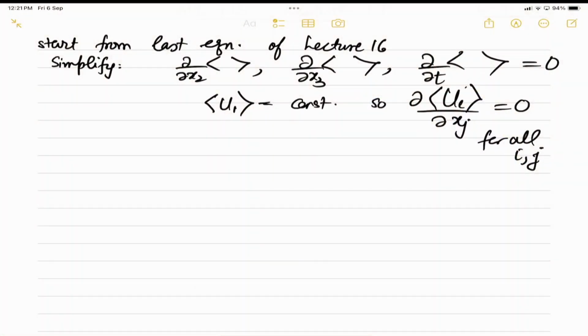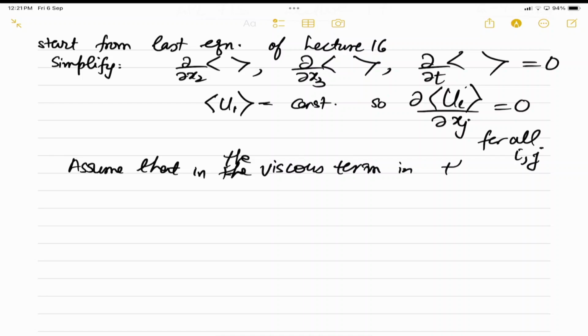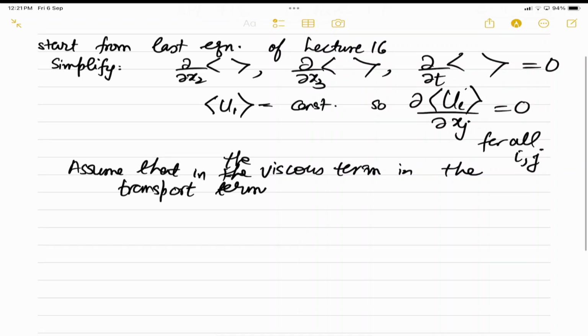Then we also assume that the viscous term in the transport term is small.